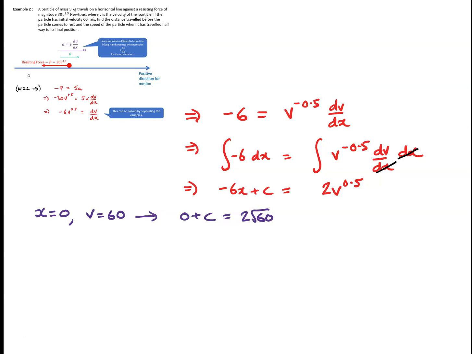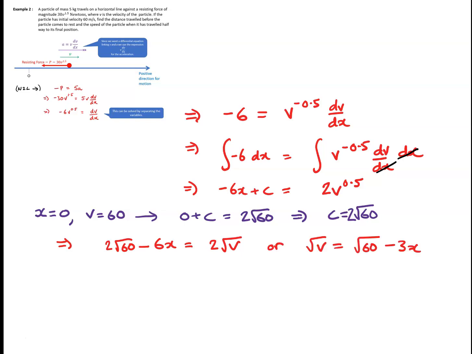Making use of the fact that we know that when x equals 0, v is 60, we get 0 plus c equals 2 root 60. So we know that c is 2 root 60. In other words, we've got 2 root 60 minus 6x equals 2 root v. Or alternatively, root v is root 60 take away 3x.